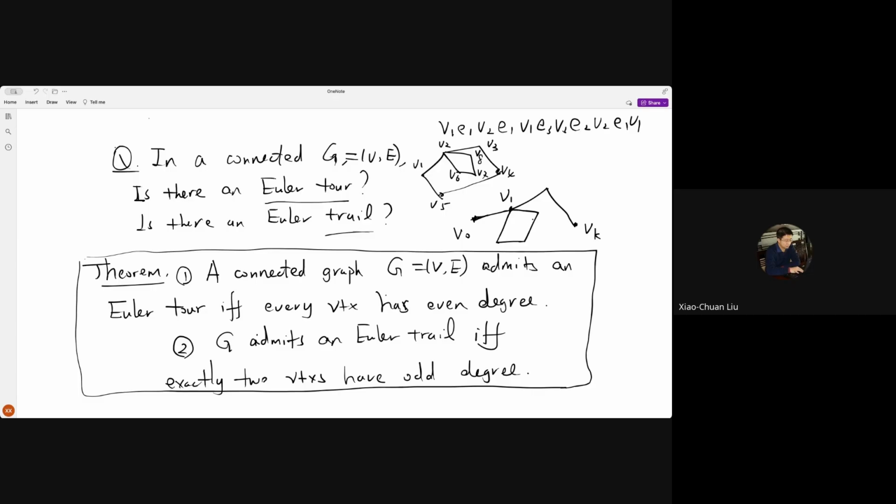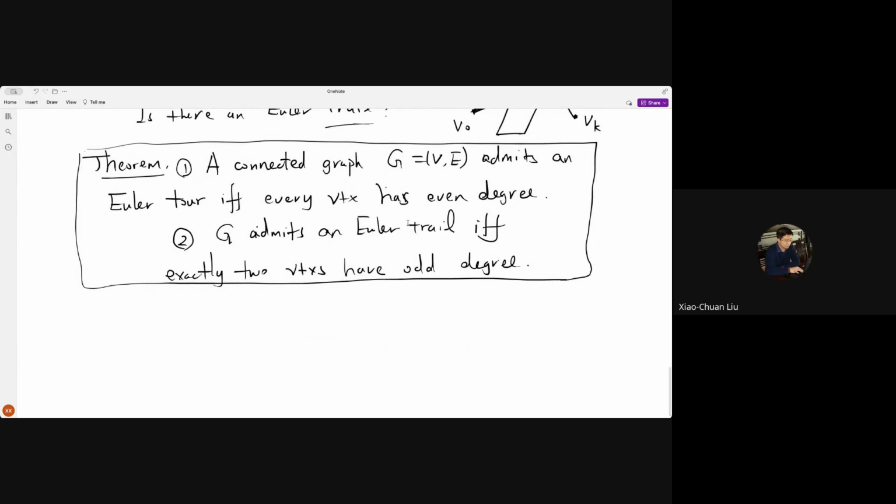So V0 and VK have odd degree, and all other vertices have even degree. And in this case, all vertices have even degree. But we have to prove this. So first of all, I want to show that 1 and 2 are equivalent.